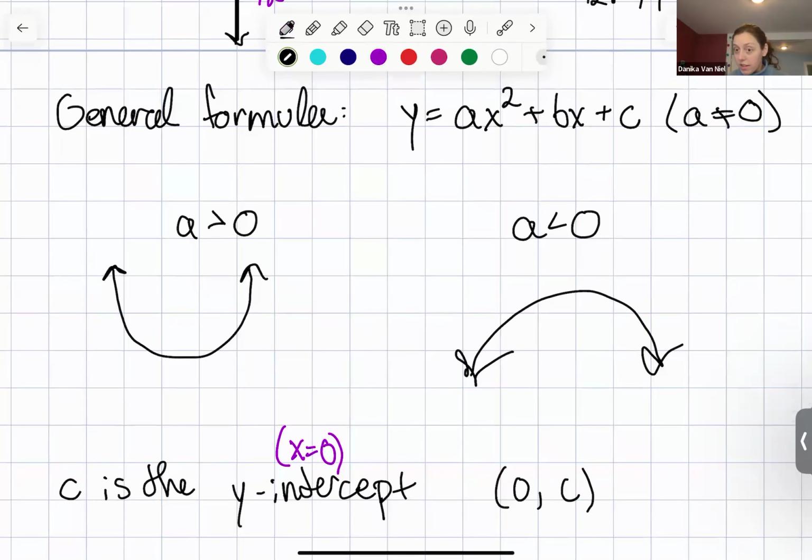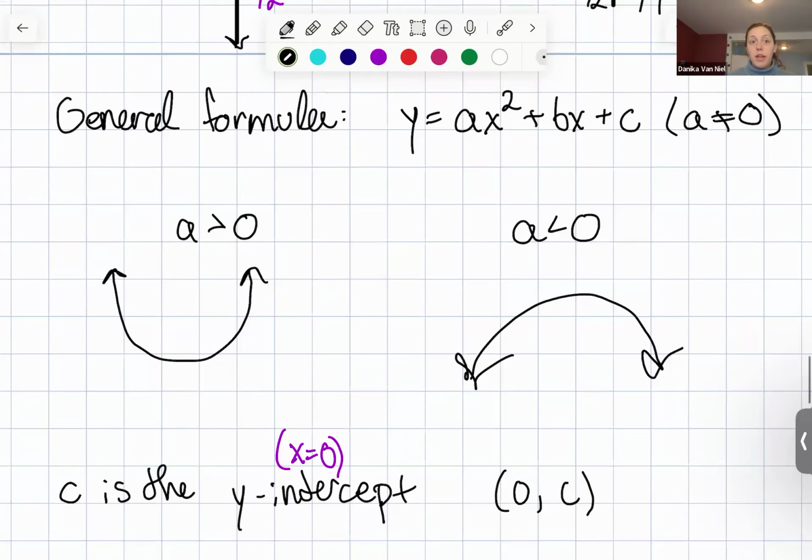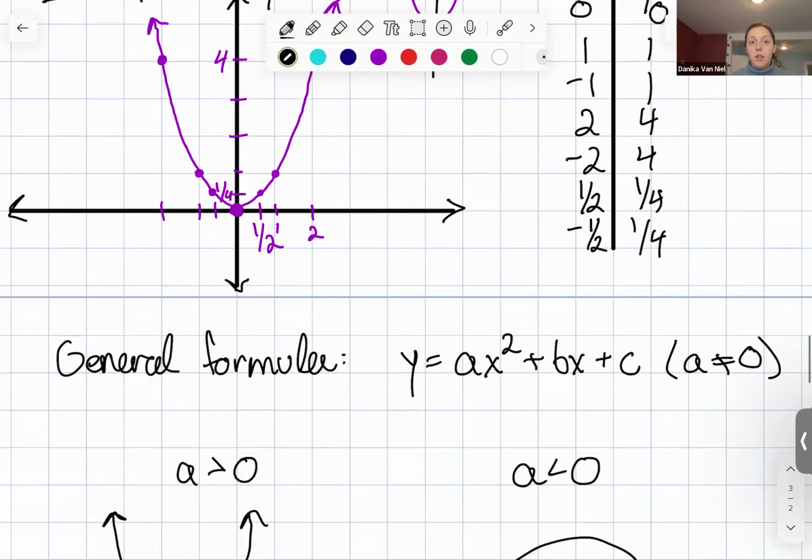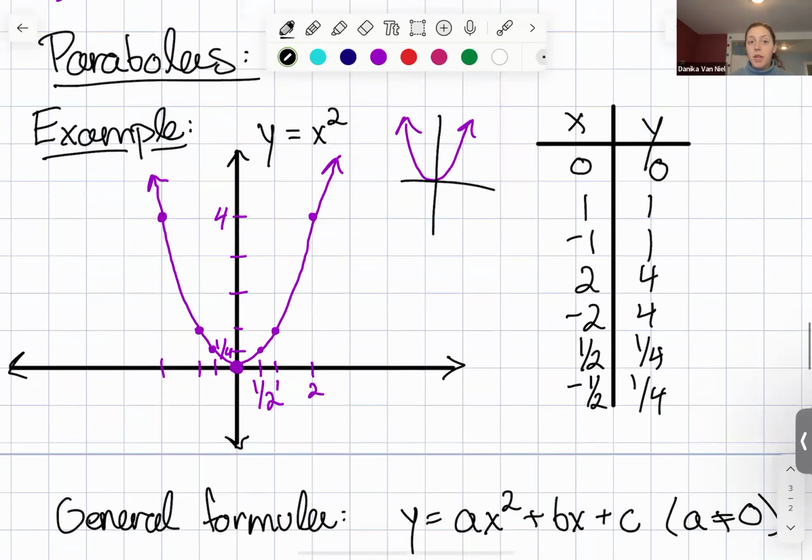If I plug in 0 for x, those first two terms go away and I just get y equals C. That's how I know my y-intercept is C. For our example up here, A was 1, so we have a curve up. B was 0 and C was 0 because we don't have any other terms. So our y-intercept is 0. When x equals 0, y equals 0, so our point is (0, 0).